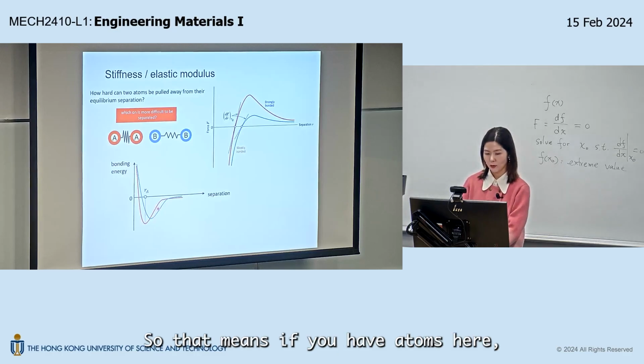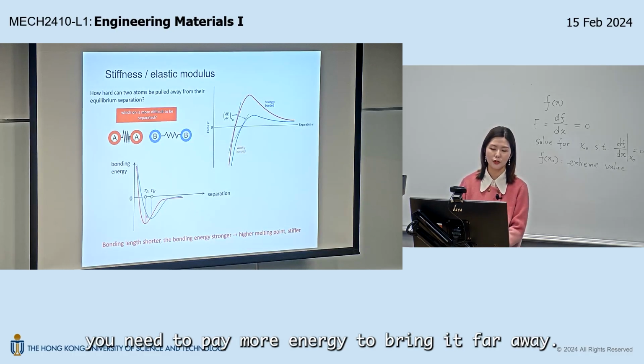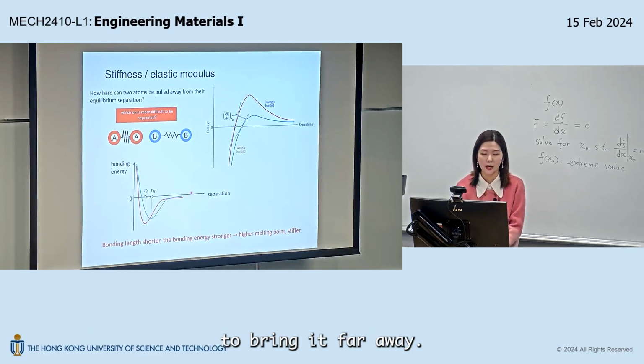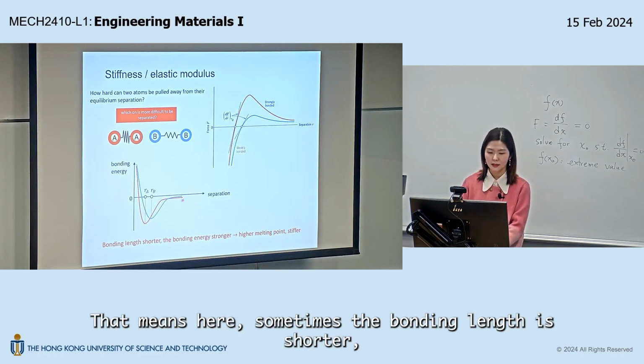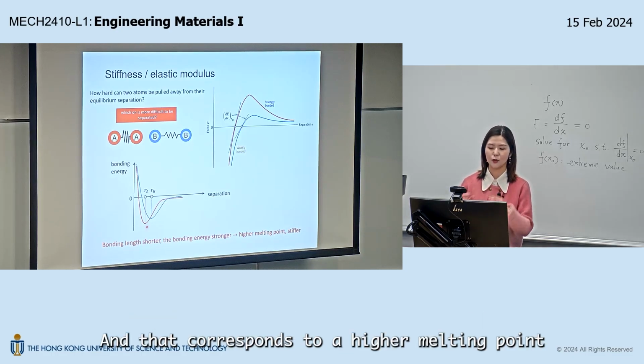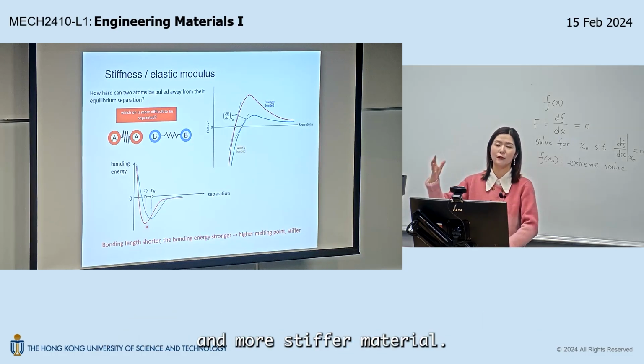So that means if you have atoms here, you need to pay more energy to bring them far away. But for the blue one, you need to pay less energy to bring it far away. That means here, sometimes the bonding length is shorter, which implies that the bonding energy could be stronger, and that corresponds to a higher melting point and a stiffer material.